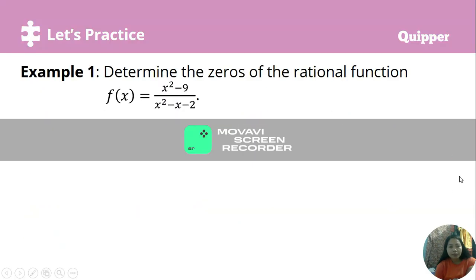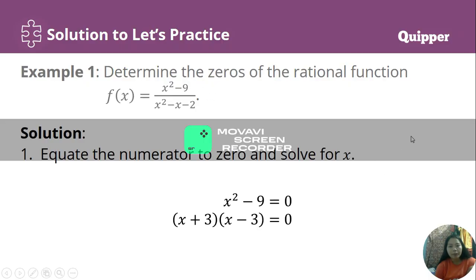Next, determine the zeros of a rational function. If we determine the zeros, we have to find the factored form of the numerator. Since this is a difference of two squares, our factored form is x plus 3 times x minus 3. Then equate them to 0. So x plus 3 equals 0, x minus 3 equals 0.